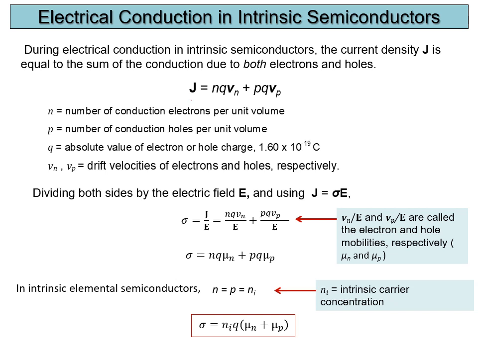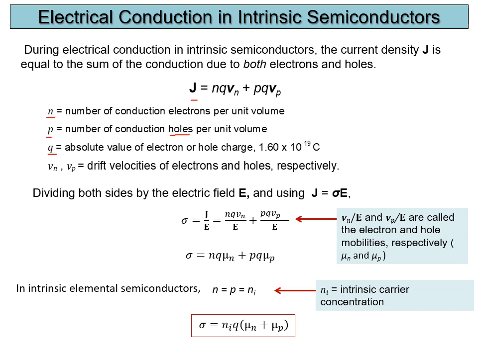By using this formula, we can determine the current density J. J equals n q vn plus p q vp. n is the number of conduction electrons per unit volume. p is the number of conduction holes per unit volume. q is the absolute value of the electron or hole charge. This is the constant. vn or vp are the drift velocities of electrons and holes respectively.